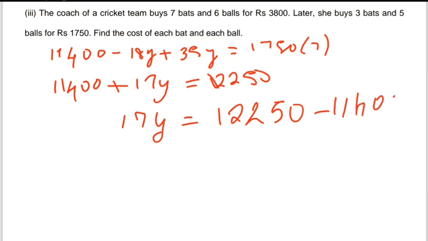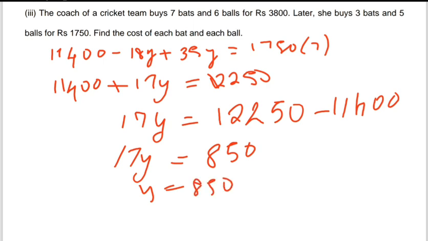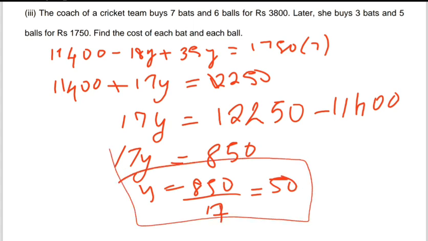Okay, 17y is equal to 12,250 minus 11,400, which gives you 850. So 850 divided by 17 gives you 50. So cost of each ball is 50 rupees.